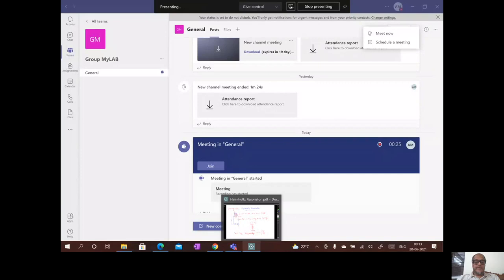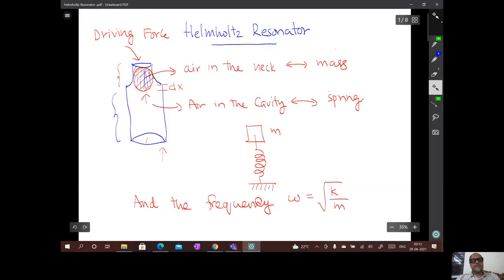So, in this short video, we are going to see the theory part of the Helmholtz resonator, whose experimental side I have already recorded, and you will be seeing that next. So, here we are going to see the theoretical modeling of a Helmholtz resonator.